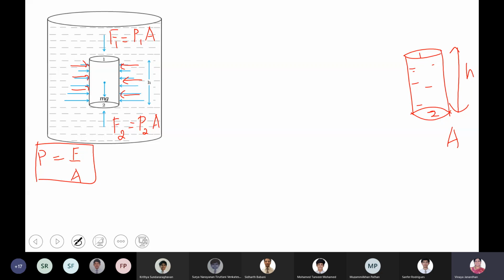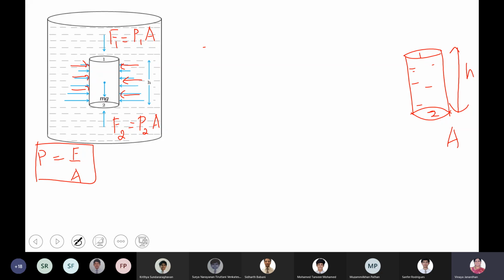Only the forces acting vertically downward or vertically upward remain, so the sideways forces are balanced. The force acting downward we take as negative, and the force acting upward as positive.